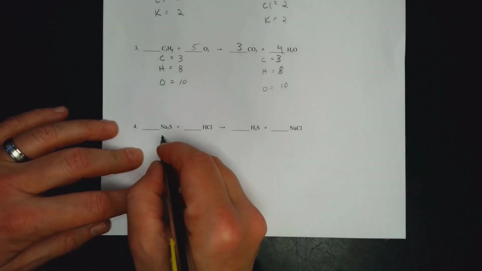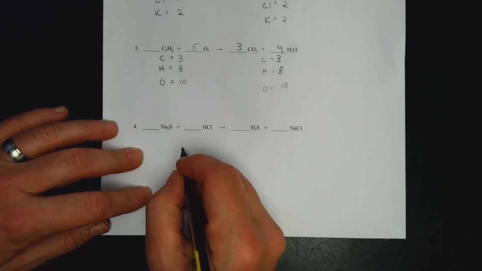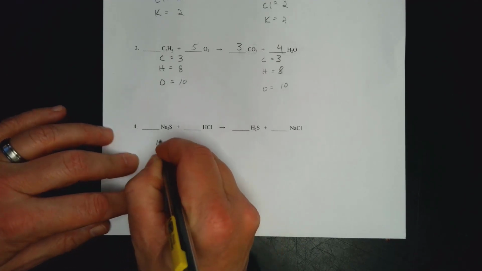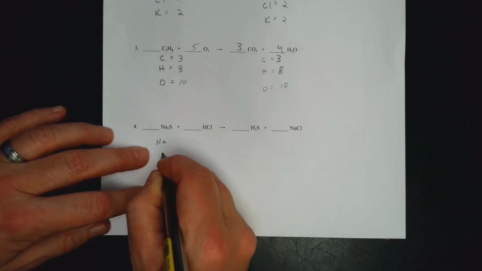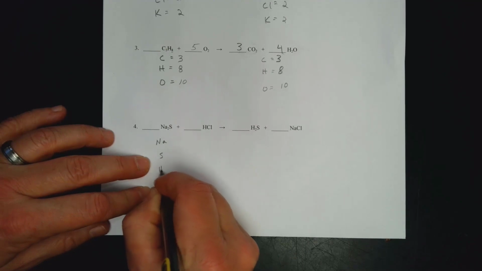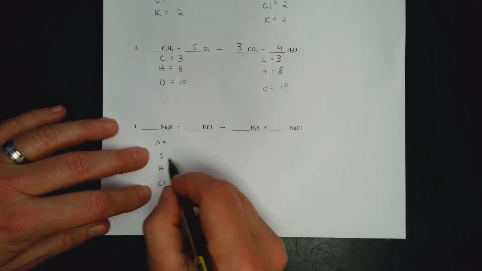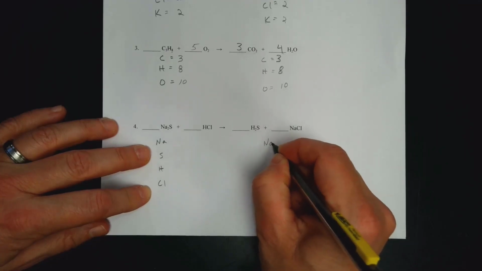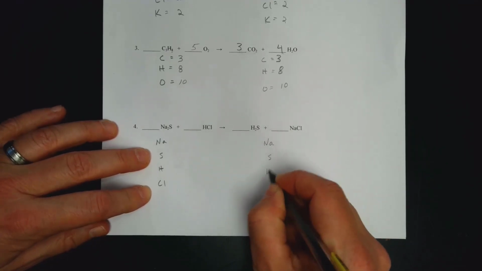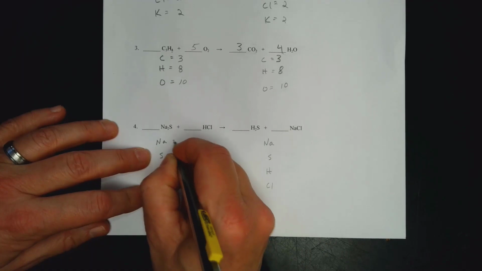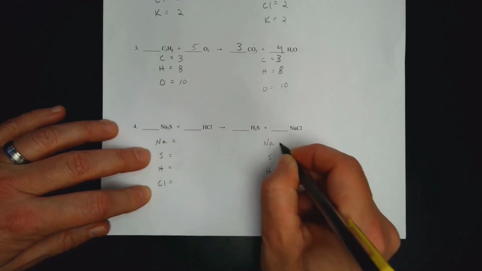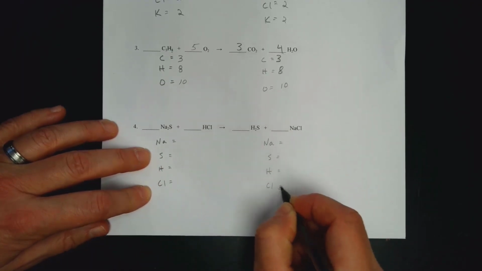Again, you guys, our first step is to figure out what we have and how much of what we have. So I have sodium, I have sulfur, I have hydrogen, and I have chlorine. So on this side of the equation, I'm going to do the same thing in the same order. Sodium, sulfur, hydrogen, chlorine. Now let's figure out how much we have of each thing.